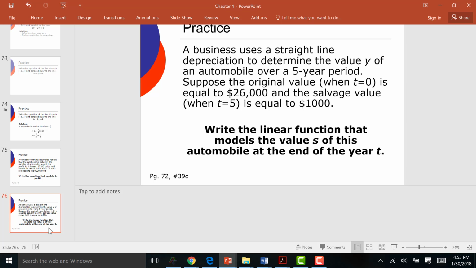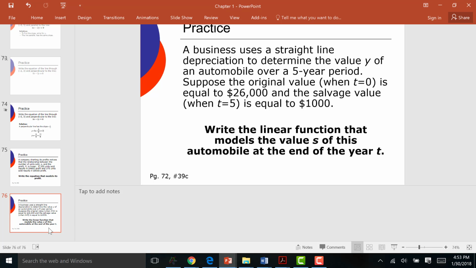So here is my point slope formula. Alrighty, so now I'm gonna replace my X1, Y1 with, over here, this one is 0. There's 0 for my X1. What's my Y1? 26,000? 26,000 goes there.